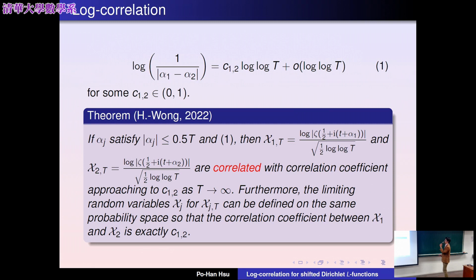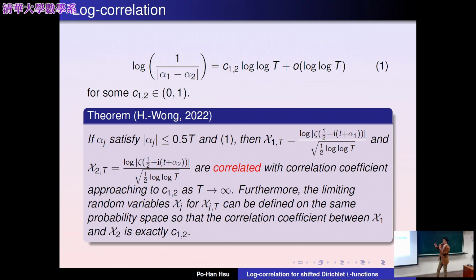So if you consider the shifts not so large, not so small, growing at a certain nice rate, exactly like this, for some real number between 0 and 1, then this Riemann zeta, log zeta, and this log zeta, once again you put them as a vector, and this vector will converge to a bivariate normal, but the limiting bivariate normal will have a correlation.